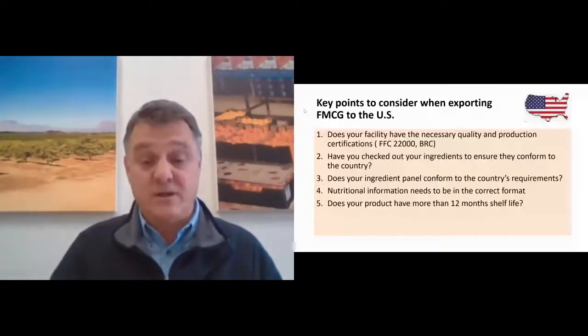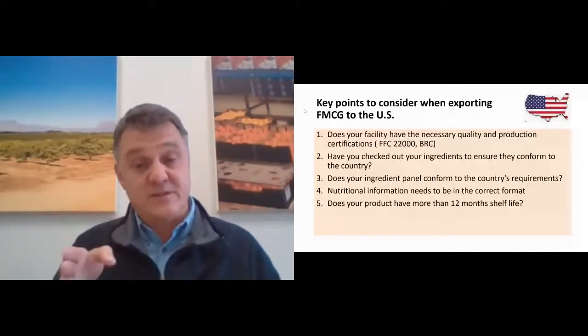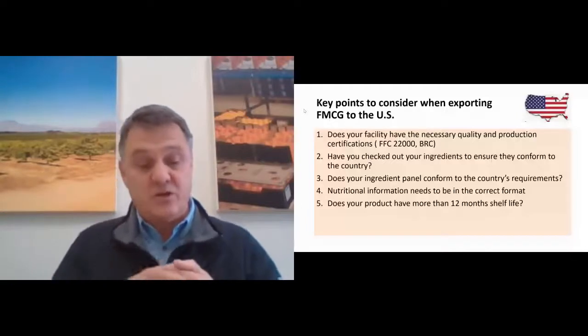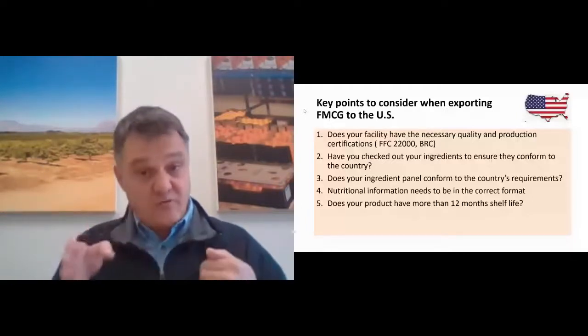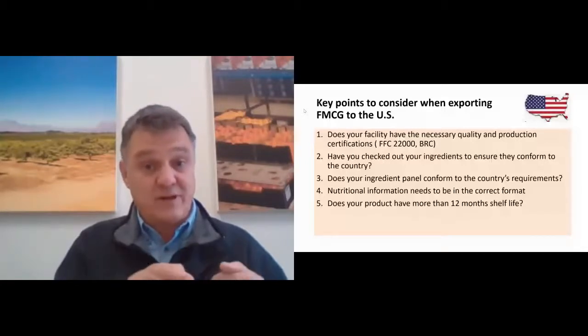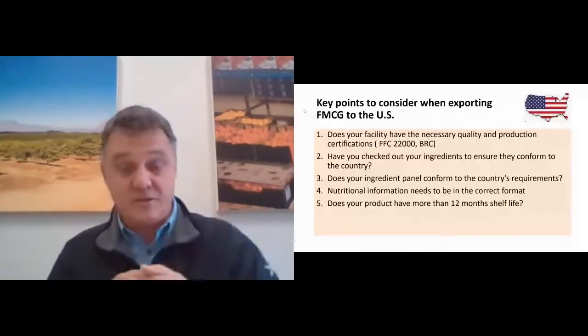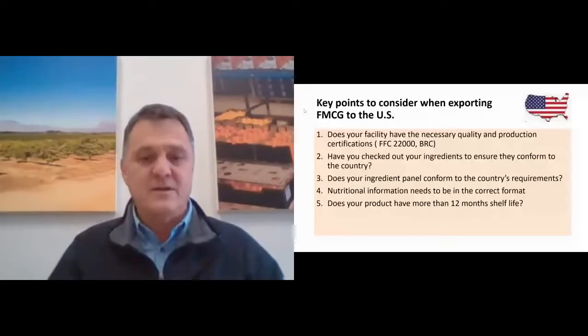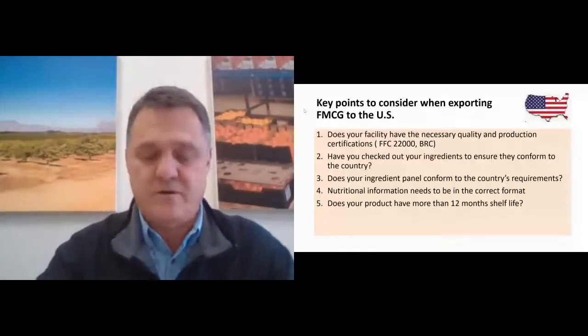Quite a few supermarkets around the world won't take product into their stores if it doesn't have 50% of its original shelf life. So if your original shelf life is 12 months, then it would be 6 months. But if the original shelf life is only 8 months, then it's going to be 4. So the longer your shelf life, generally the better when it comes to exporting food products.